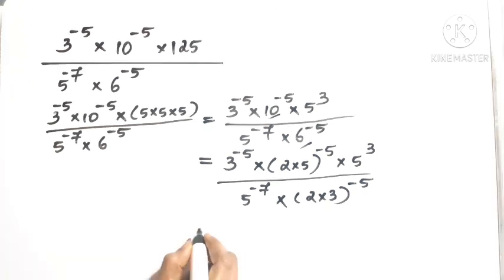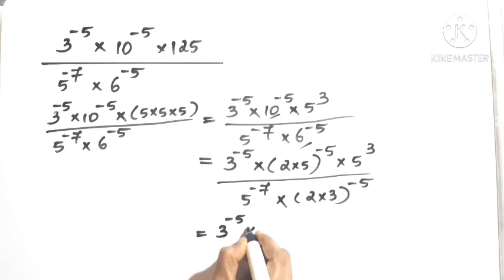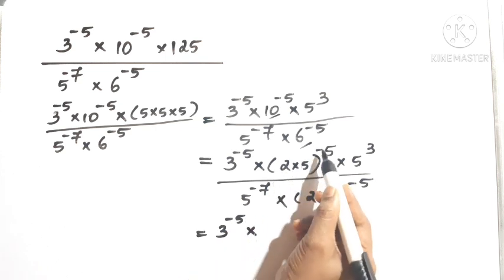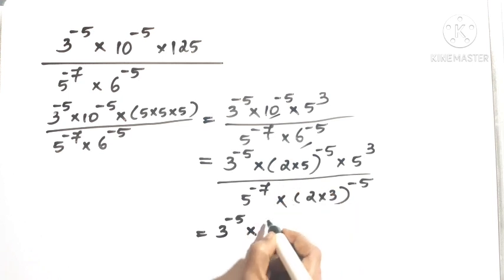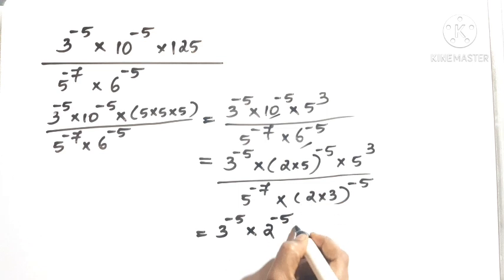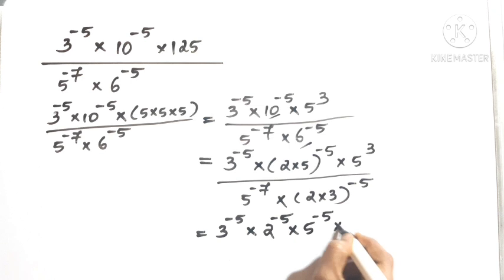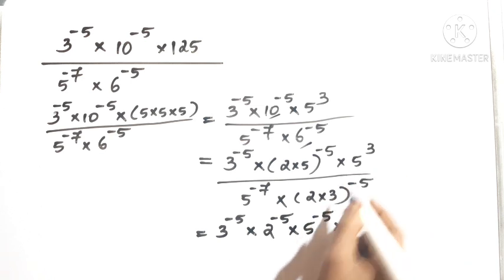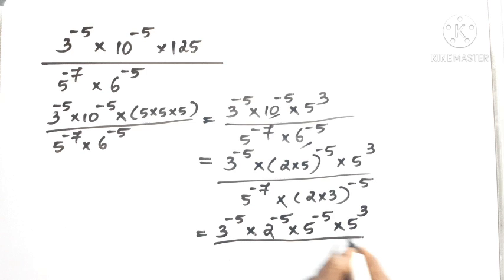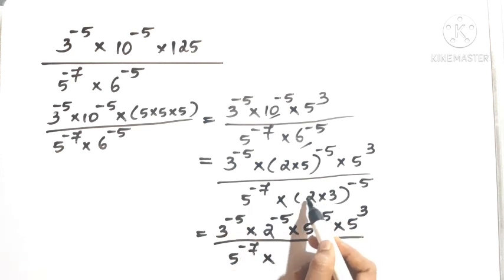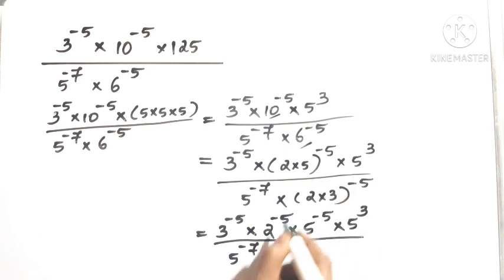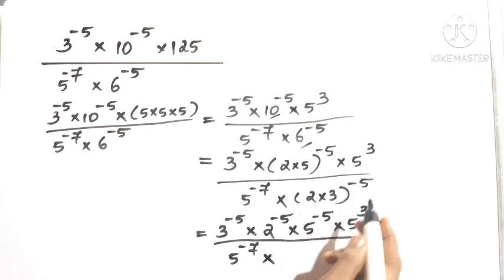Okay? Also equals 3 raised to minus 5 into, here a into b all raised to m form, no? So we can split 2 raised to minus 5 into 5 raised to minus 5, okay, into 5 raised to 3 all divided by, see children, 5 raised to minus 7 into, here also a into b all raised to m form, a2 b3 m minus 5.